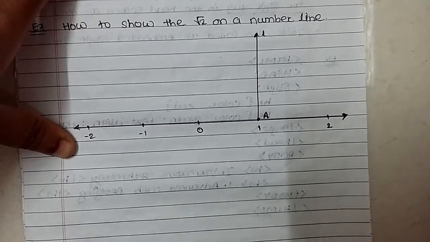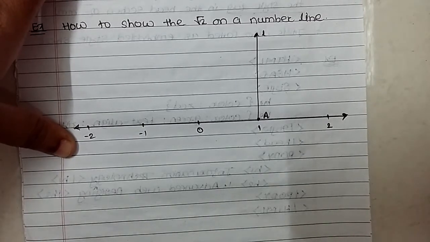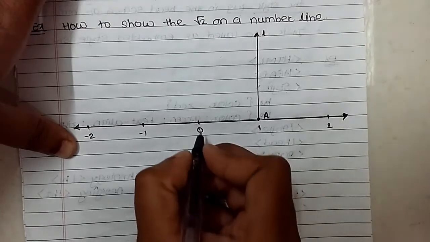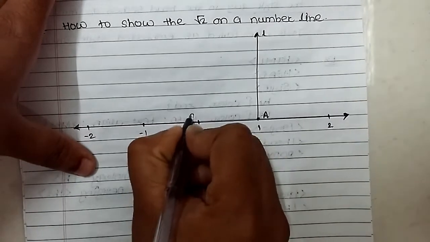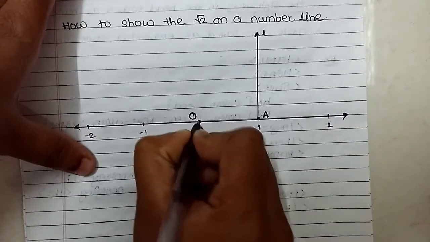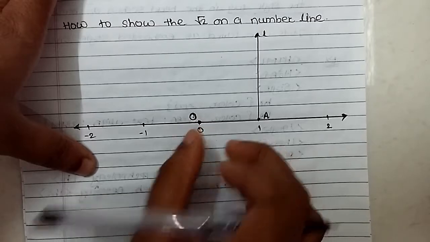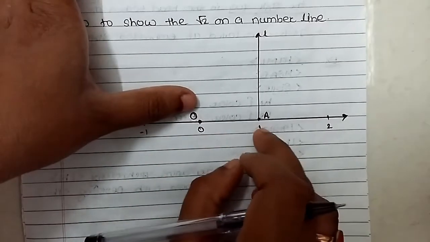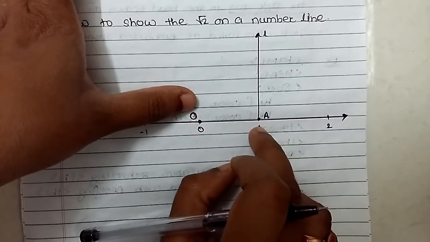Next, take point P on line L such that OA is equal to AP is equal to 1 unit. This point is O. The first step is to take the point A on number 1.